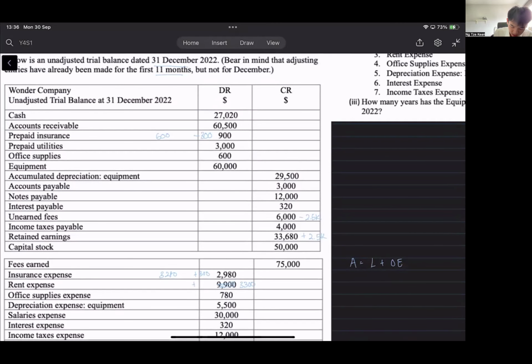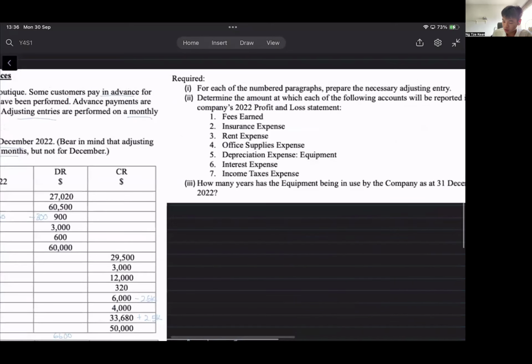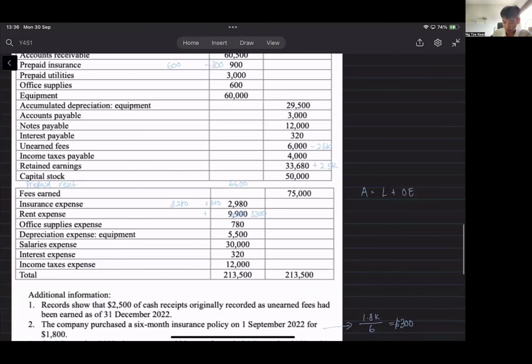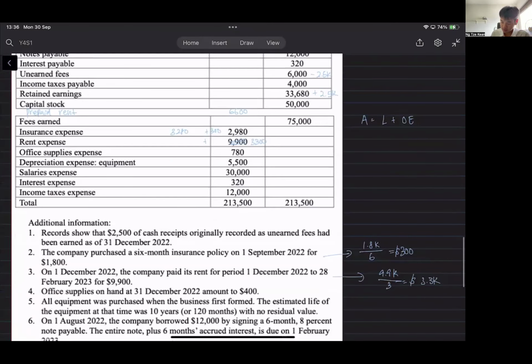So we will insert an entry, prepaid rent, and we would debit a value of 6,600 here. So again, because this entry is wrong, we have to correct this entry, and this should be the correct adjustment.